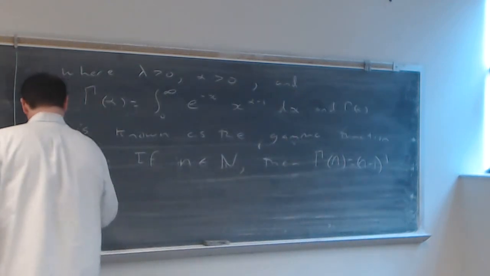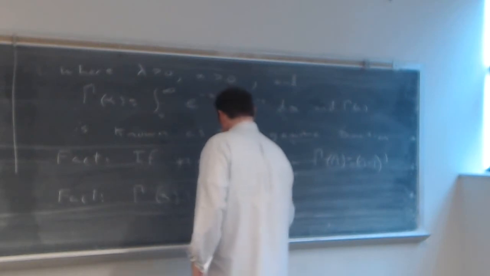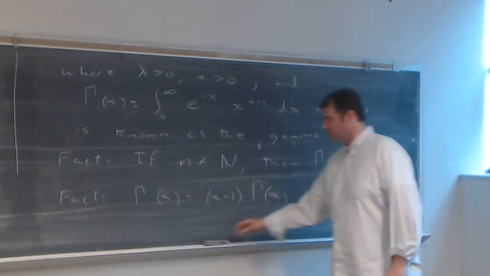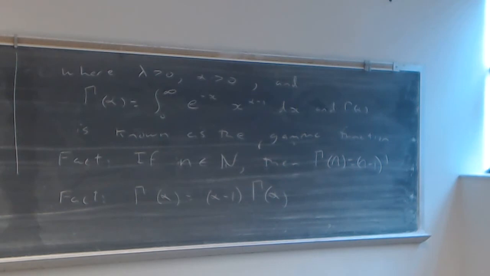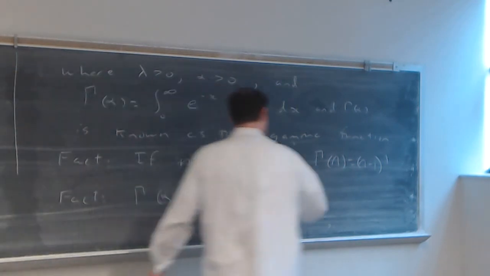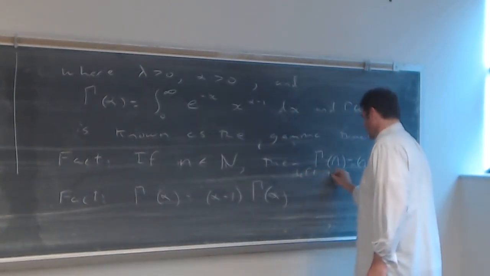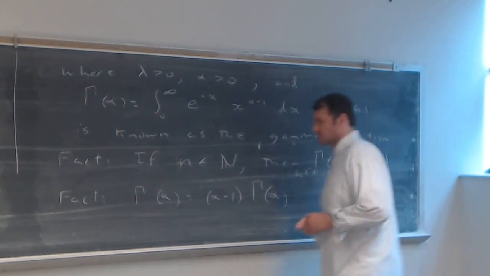Here's another fact I'll prove: that gamma of alpha is equal to alpha minus 1 times gamma of alpha minus 1. Okay, so I'll prove this. Before I go to this, the first is left to students, as in previous classes. So you can go ahead and work on it.